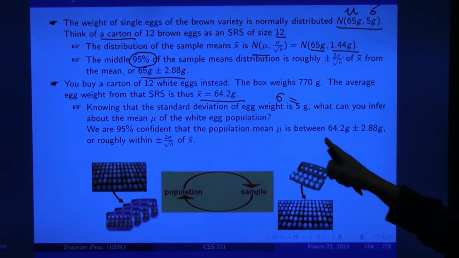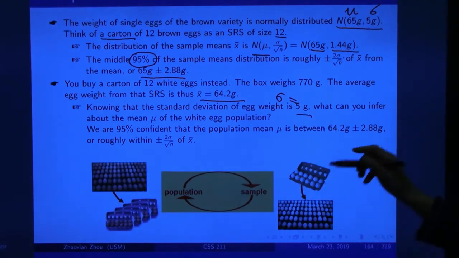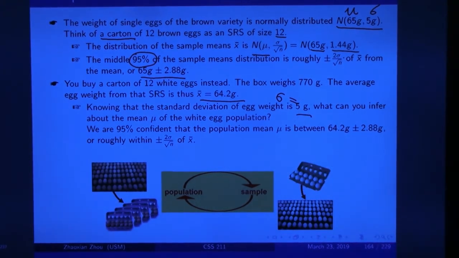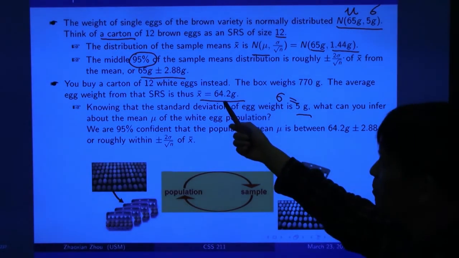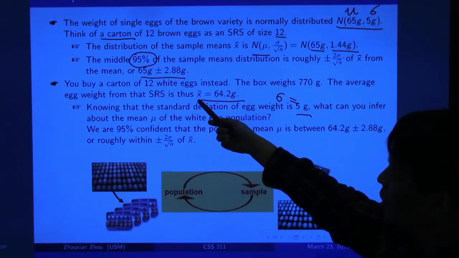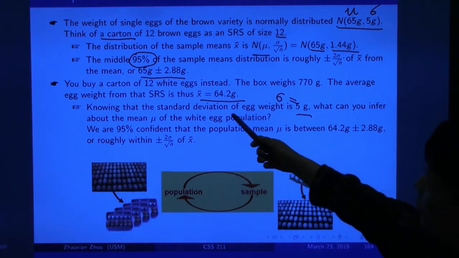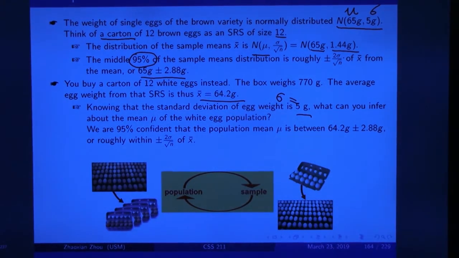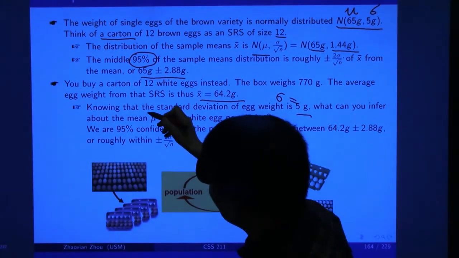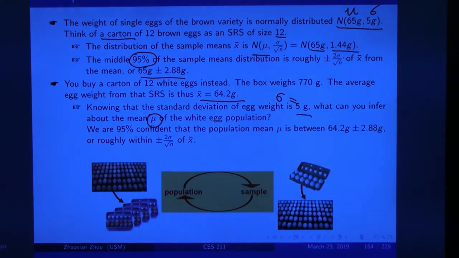Make sure this sigma is the population standard deviation. So we know only two things. The first one is the mean of the sample, in this example the carton of eggs, equals 64.2. And the population standard deviation equals 5. Now what we want is, what is the mean of the white egg population?